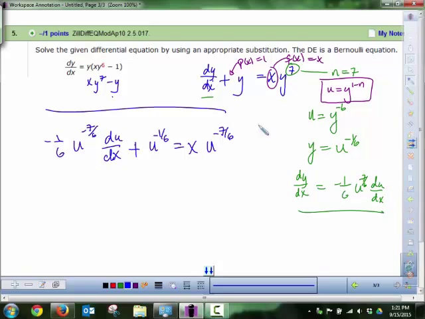Right? I replace y with u. This is u to the negative 1/6 raised to the 7th, so you multiply the powers and you get that.